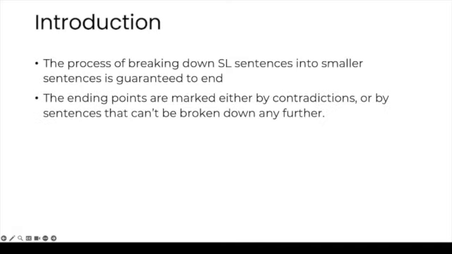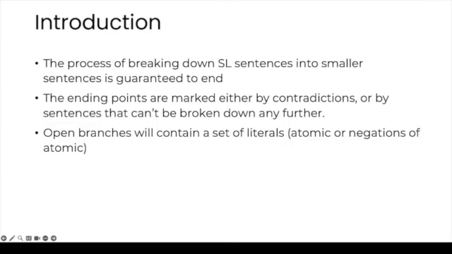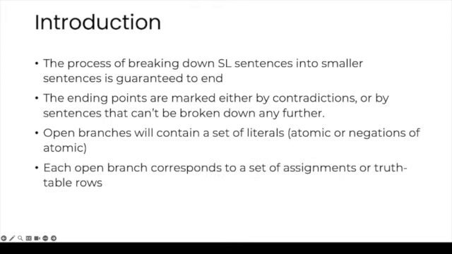In the end, the process of breaking down SL sentences into smaller sentences is guaranteed to end. The ending points are marked either by contradictions or by sentences that can't be broken down any further. Thus, we end up with a set of branches, open or closed. The branches that remain open will contain a set of literals, which, as you'll remember, are themselves atomic or negations of atomic sentences.